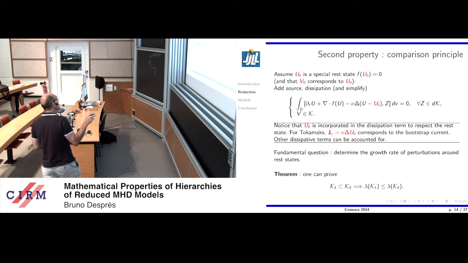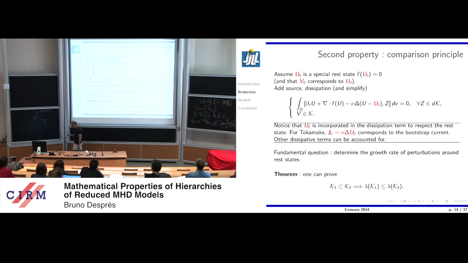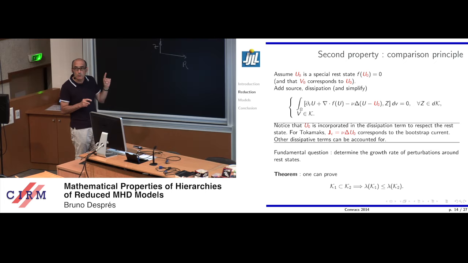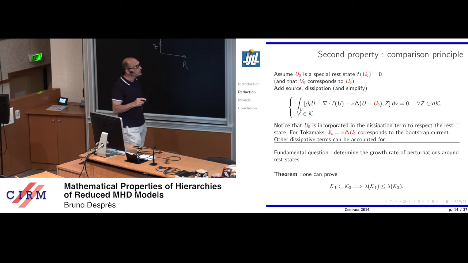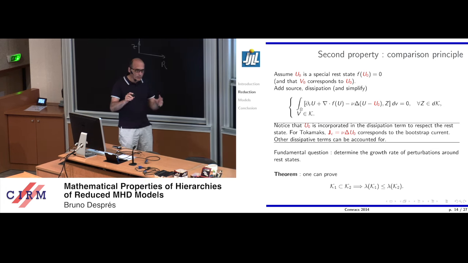For this, you can do a very simple mathematical trick. If you define correctly lambda, the maximal growth rate of perturbation in the linear regime, and you decide on a U naught, then take a reduced system with K1 and another reduced system with K2 larger than K1, so K1 is embedded in K2.